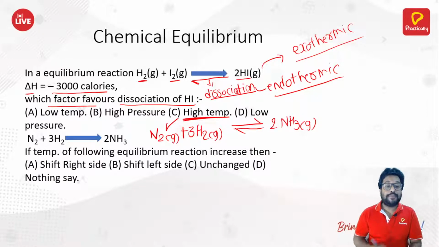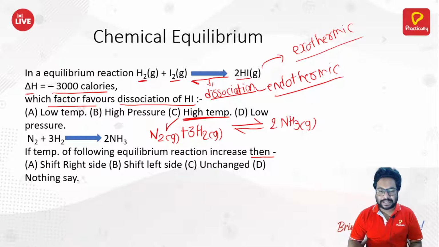Now, if the temperature of the following equilibrium reaction increases, then what happens? See, for ammonia, there are some reactions for which you need to remember the condition. Not all the reactions, there are very few reactions. It is one of those few reactions. Why? It's because this reaction holds the importance of so many other reactions.